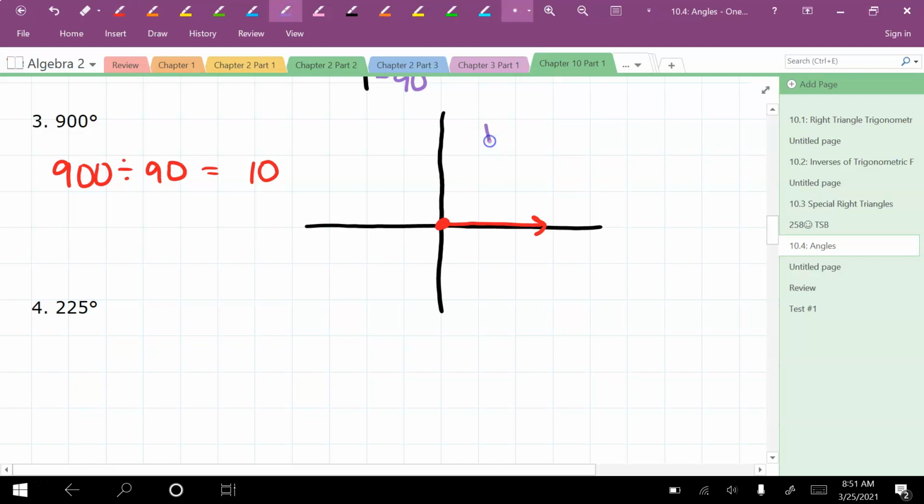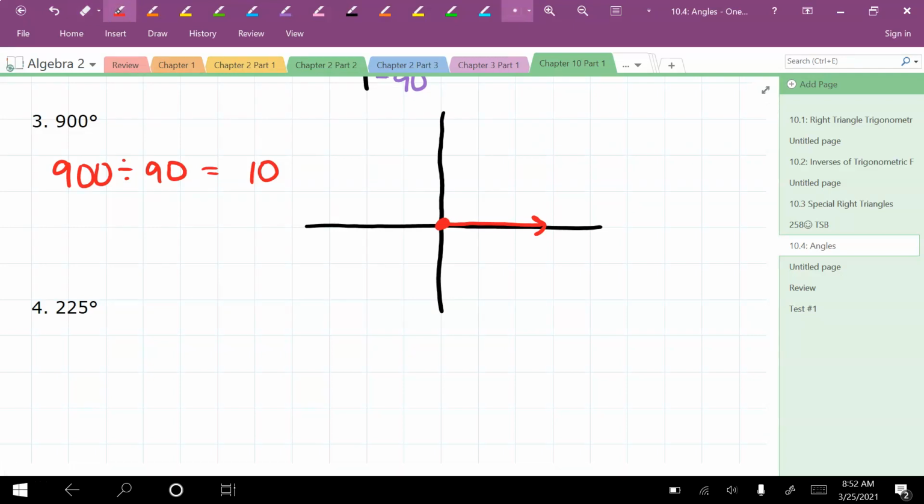Here's 1, 90 degrees, 2, 3, 4, 5, 6, 7, 8, 9, 10. So it's going to end up laying flat against that other axis, going the opposite direction of my initial side. But I'm going to draw this angle in and show all of those rotations that it does.